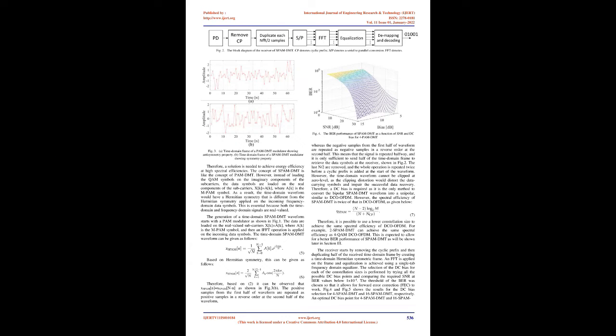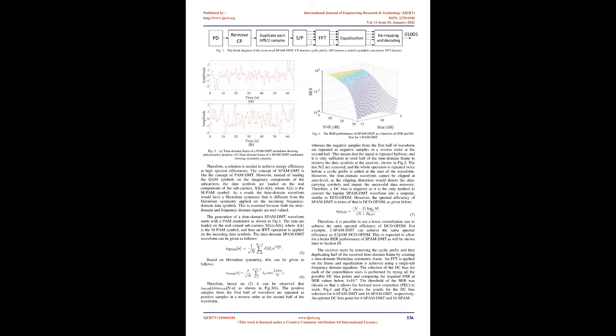A Hermitian symmetry is applied on the input PAM frequency domain symbols to restrict the time domain output to be real valued. This is done as follows. (1) Where k equals 1, 2, ..., N_FFT/2 − 1, x_0 equals 0, and x_{N_FFT/2} equals 0. Similar to other OFDM techniques, the last N_CP symbols are appended at the start of each PAM-DMT frame to ensure that a single-tap equalizer can be used to equalize the communication channel.